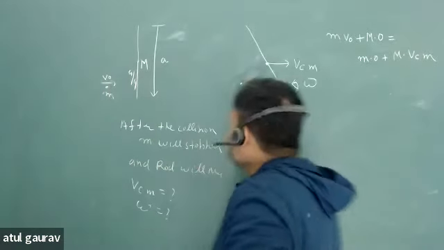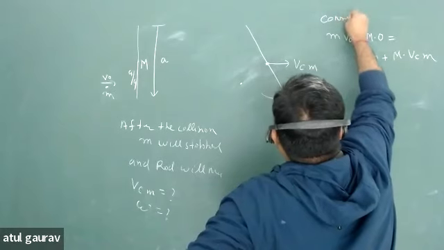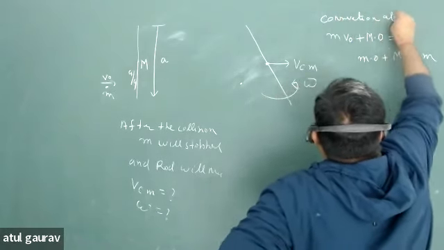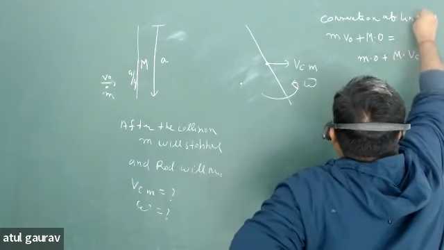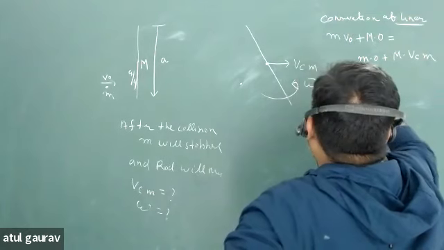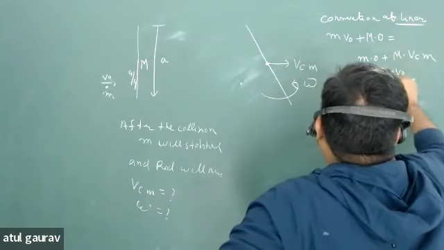Yes, sir. What is this thing? This thing is nothing but conservation of linear momentum. So from here you can get m VCM is equal to m V naught by m.